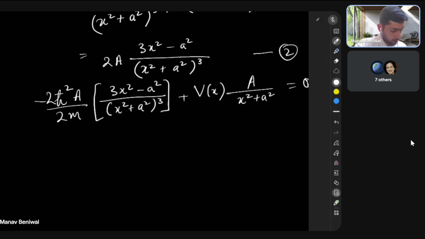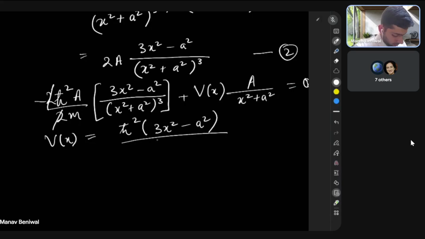Fine. So then basically, these two will cancel and we'll be left with h squared over 3x squared minus a squared over m times x squared plus a squared, squared.